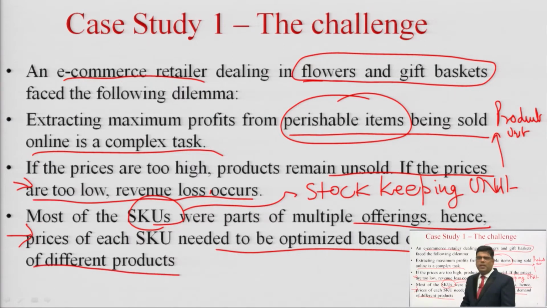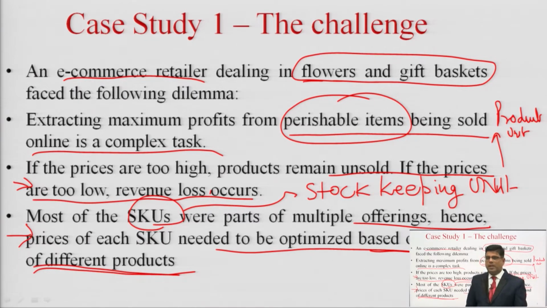Let us take the example of chocolates. Chocolate boxes were a part of different types of offerings that the company was giving to the customer, and therefore the prices of the chocolate box needed to be optimized based on demand of different products.